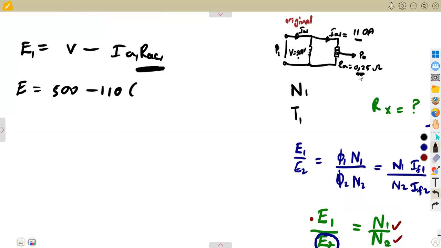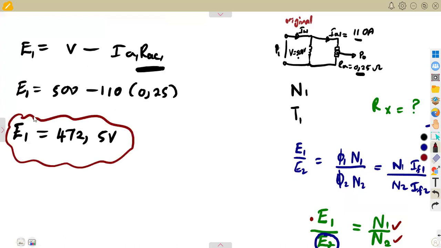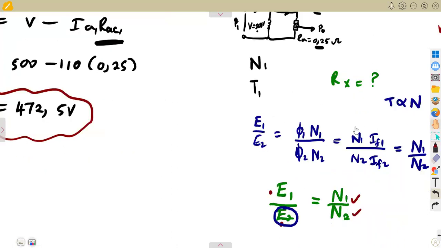There's only a single resistance of 0.25, so you're just going to consider that we do not have anything in series. That is 0.25. So this was going to give us E1, which is 472.5 volts.